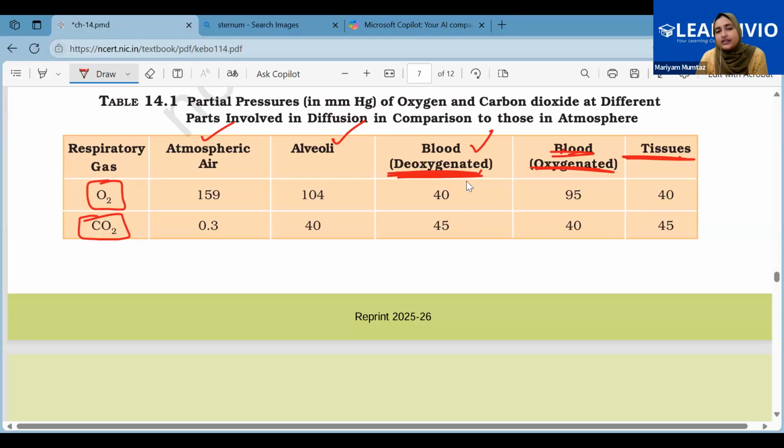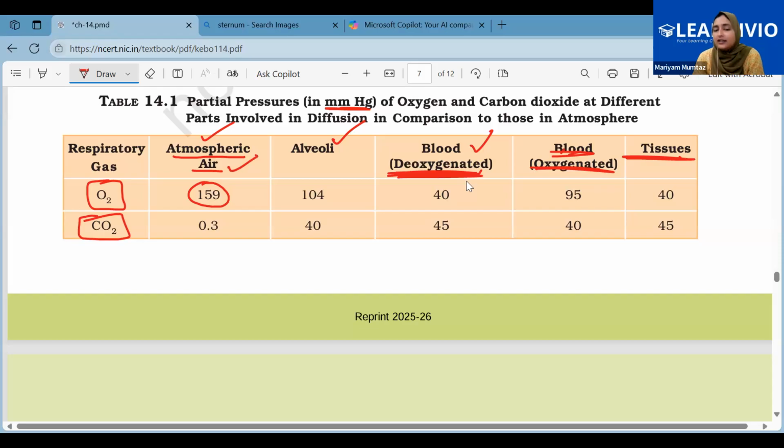So we are going to see how much partial pressure these gases have in all of these areas. For example, in the atmospheric air it is 159 mmHg. mmHg is millimeters of mercury, the unit of partial pressure. So 159 mmHg is the partial pressure of oxygen in the atmosphere.